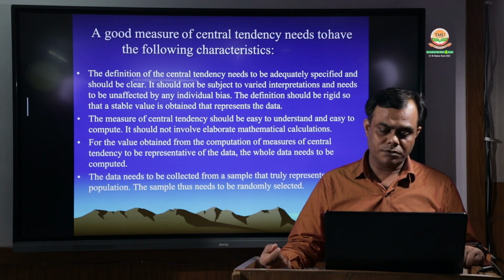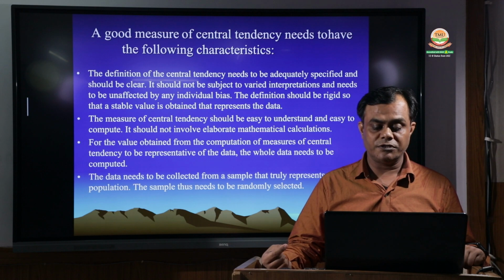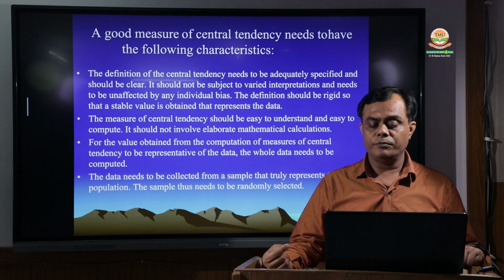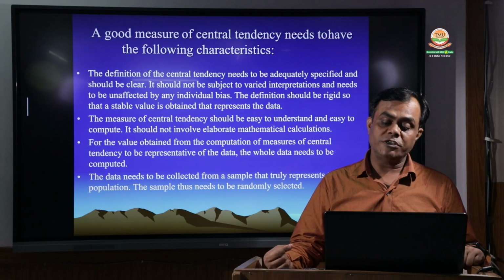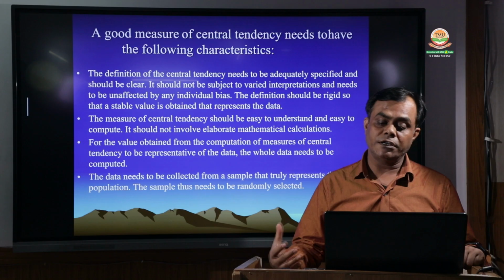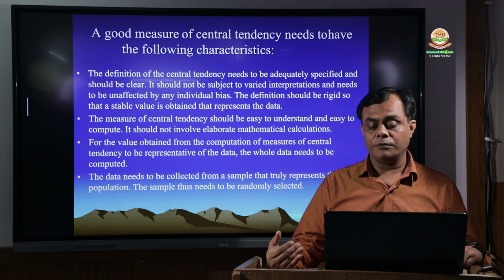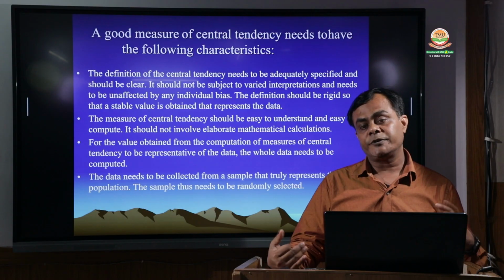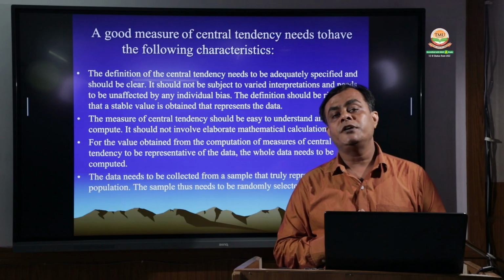The third point is that the value obtained from the computation of the measurement of central tendency needs to be representative of the data. So the value we get through the measurement of central tendency is a representative of the data, or of the whole population from which we are computing.